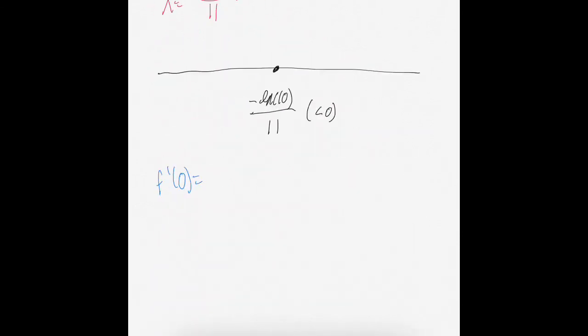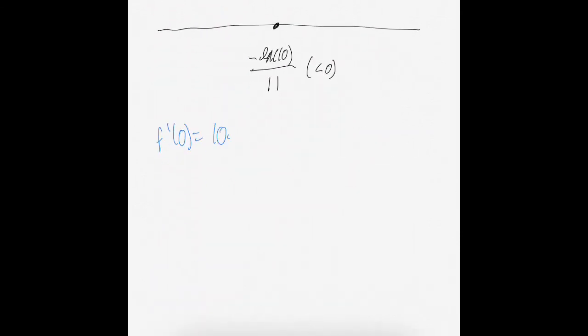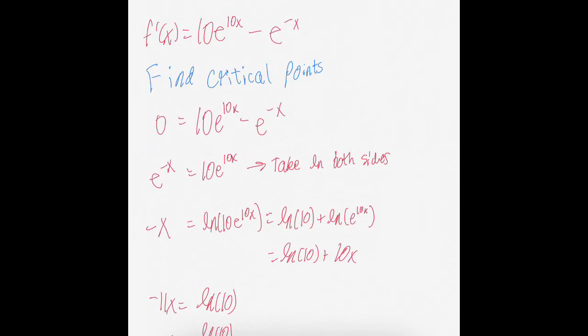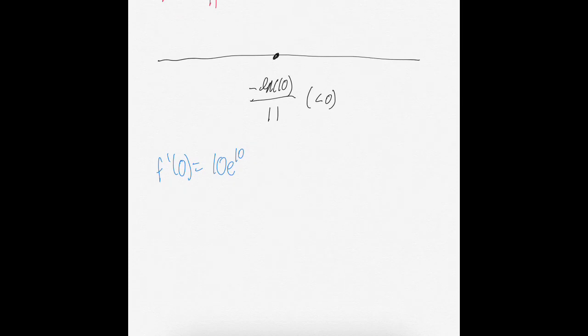So that means that to find out what's going on to the right of it, I can just look at f prime of 0. Let's see, and that gives me 10e to the 10 times 0 minus e to the minus 0.